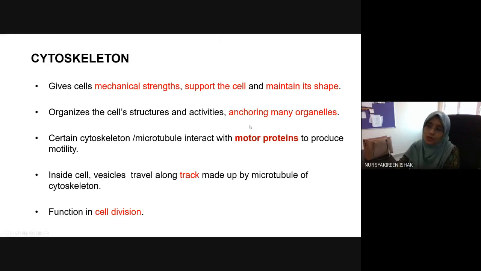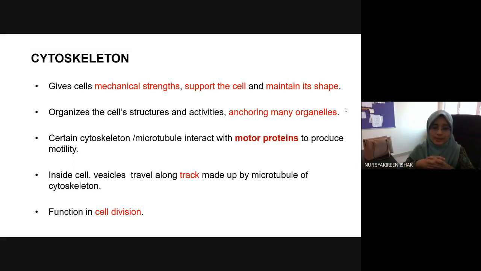For example, one of the functions of the intermediate filament is to anchor the nucleus in the cytoplasm, so that the nucleus cannot freely move within the cell. If you observe the structure of an animal cell under a microscope, you will see that the nucleus is located at the center of the cell. So you have the intermediate filament to anchor the nucleus in place.